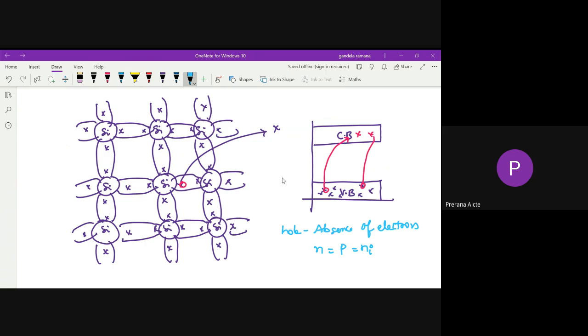The electron travels some time in the conduction band, and afterwards it will fall into the valency band and combine with a hole. That is called recombination.